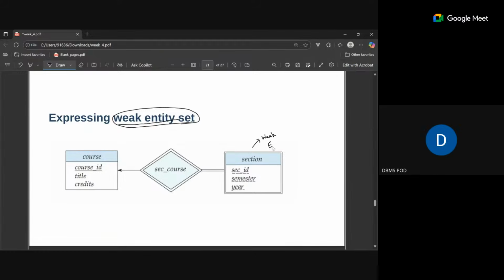This is one very good example to represent a weak entity set, which is represented using a double rectangle. And since this is a weak entity set, this is also a weak relationship, which we call an identifying relationship. As we have seen while discussing strong entities and weak entities, this is the identifying relationship.